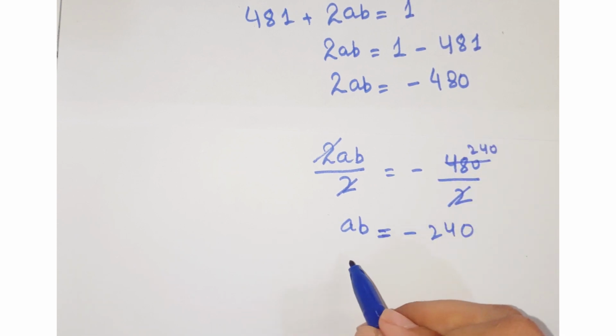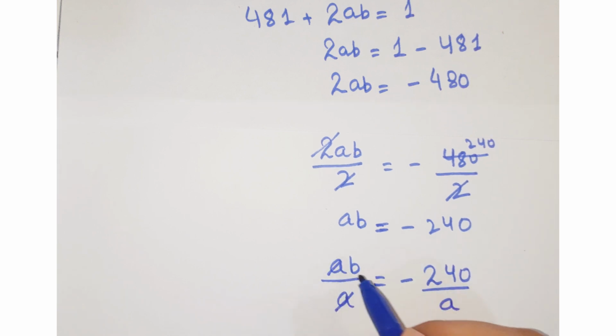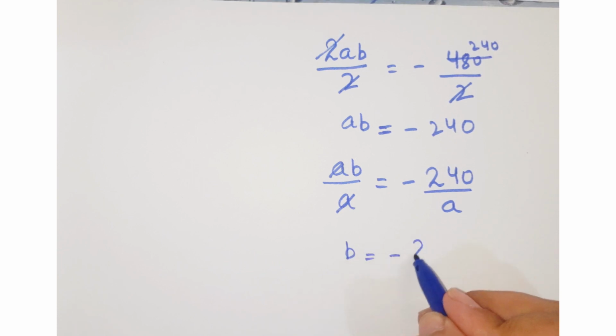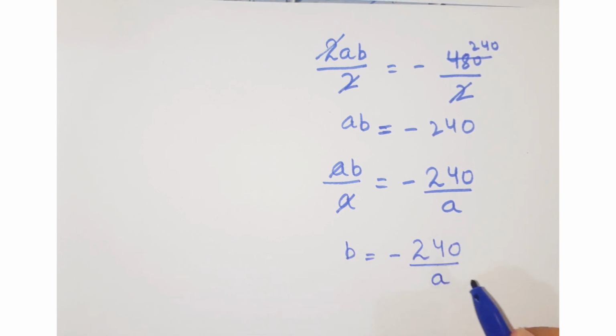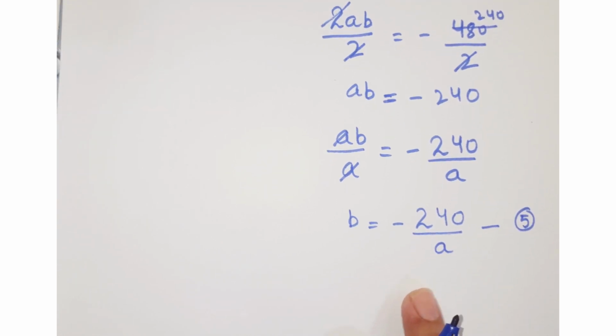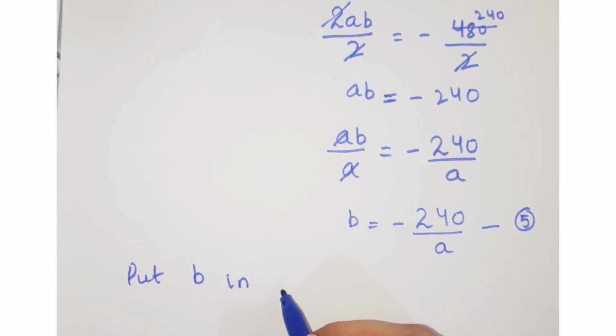Now what you are going to do? You are going to divide by a on both sides in order to have a value of b. So this and this get cancelled. So we get b is equal to minus 240 upon a. Now call this equation number 5. Now put this value of b in equation number 3.